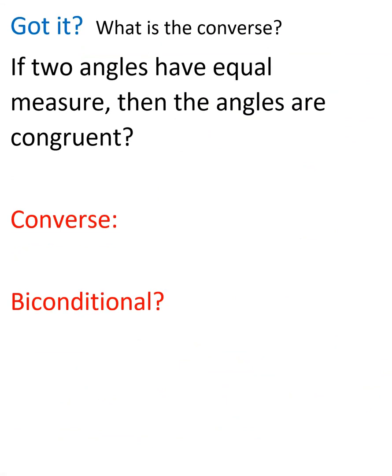So here's another one. If two angles have equal measure, then the angles are congruent. So again, we have to identify the hypothesis and the conclusion. Hypothesis is two angles have equal measure. Conclusion, the angles are congruent.